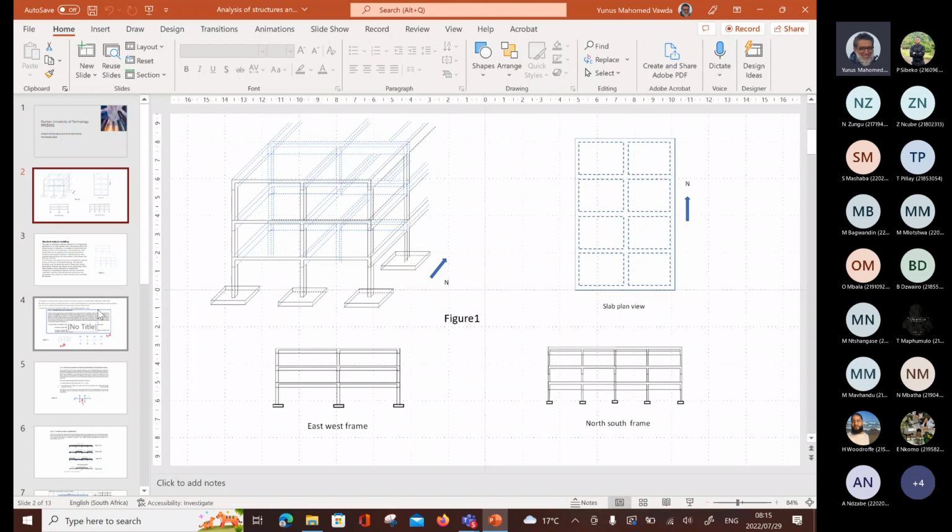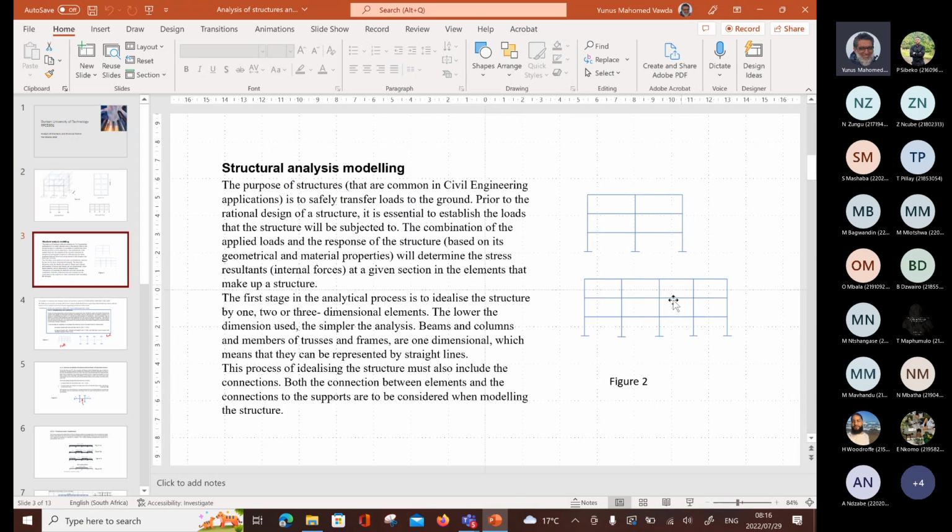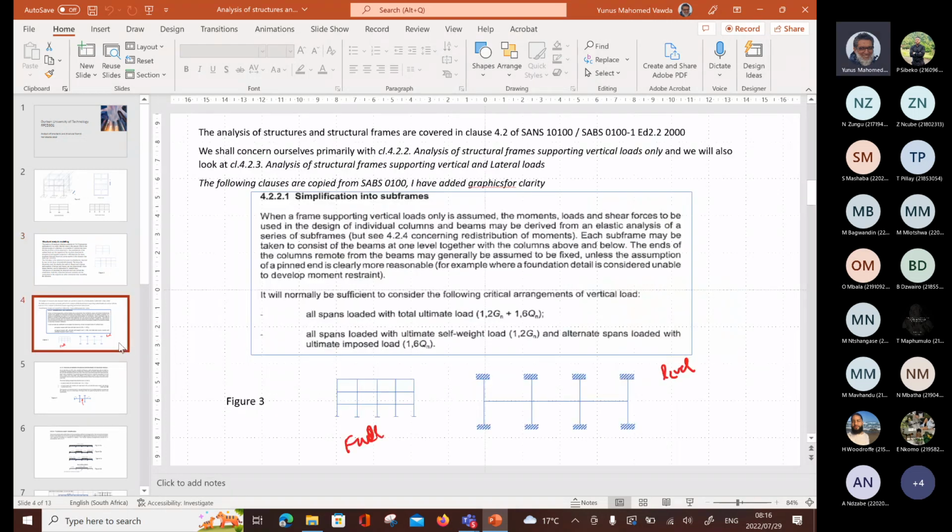The package that you're going to use, for example, Master Series, can do that quite easily, right? But we're going to work by hand, remember, as far as the exams, tests, and our work is concerned, the majority of the time. So we're going to look for ways that make it easier for us to work by hand, right? Okay, so we can model it as if we've got a wireframe and in 2 dimensions.